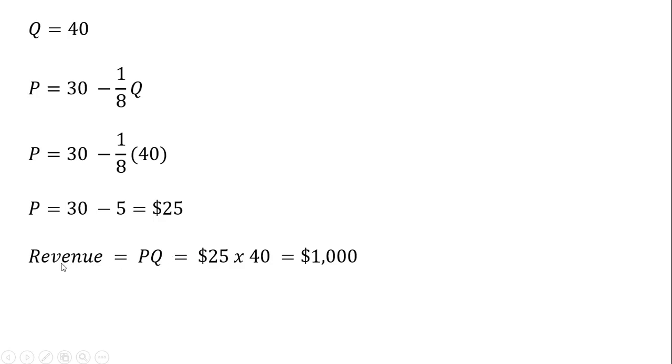To calculate the total profit for this monopolist, we're going to calculate revenue as price times quantity. The monopolist is selling 40 units at $25 each, so the monopolist is earning $1,000 of revenue.